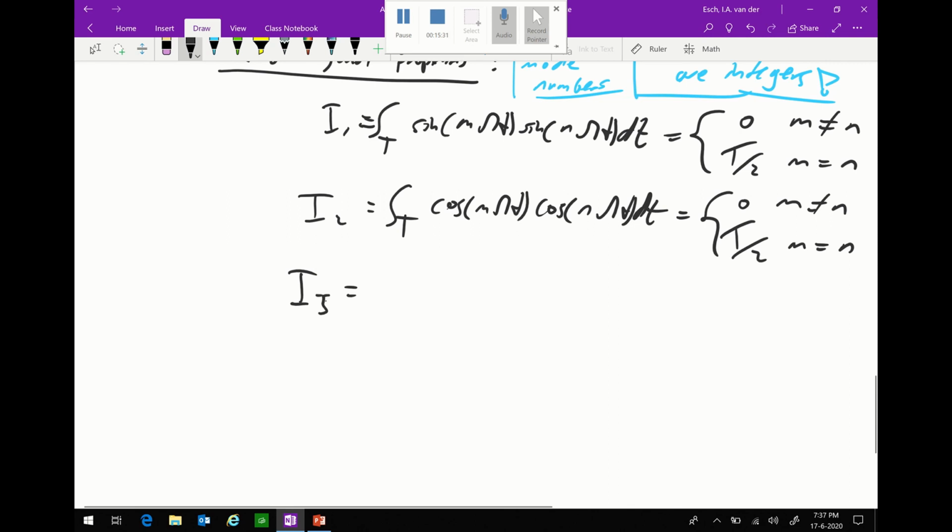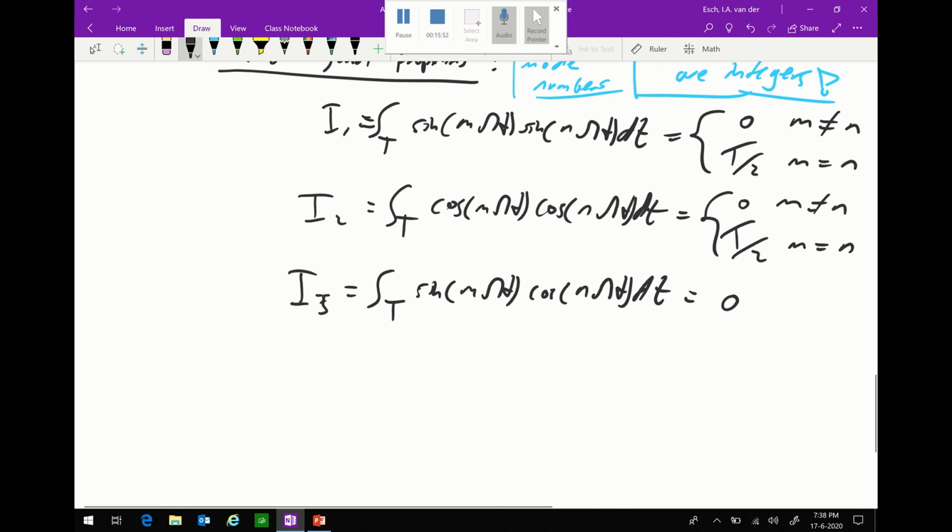Okay. And the third property is that the integral of sine m omega t times the cosine of n omega t dt is always 0.